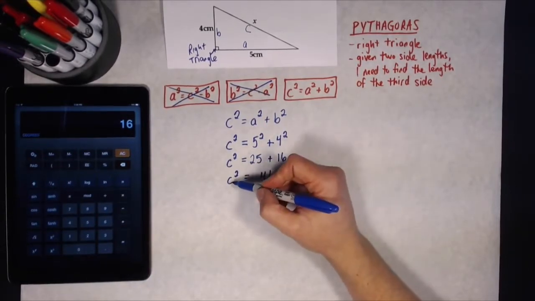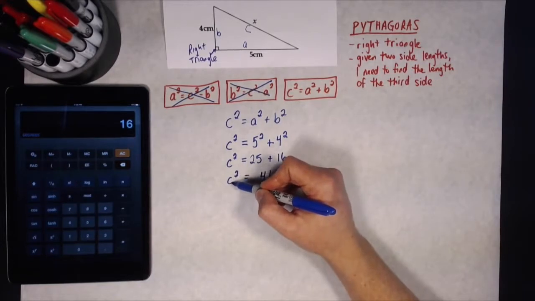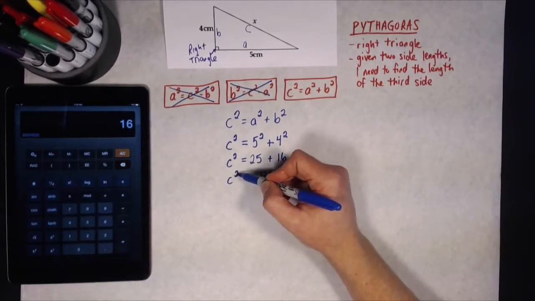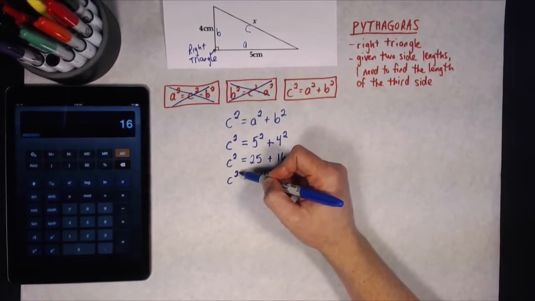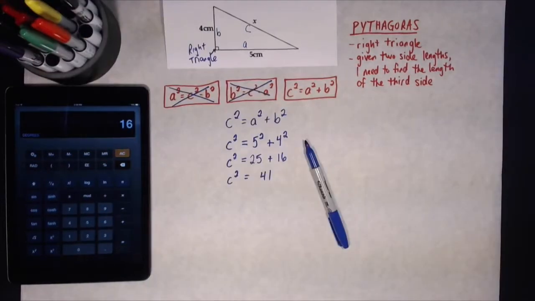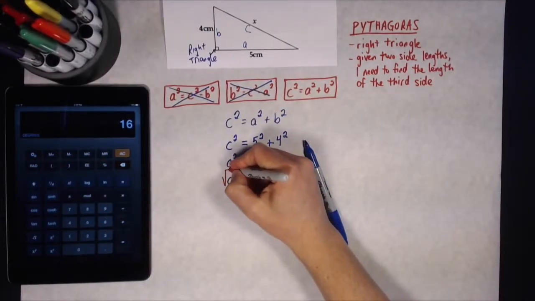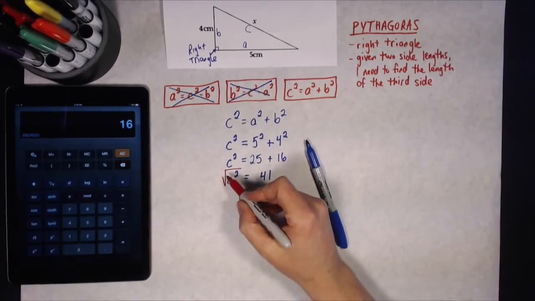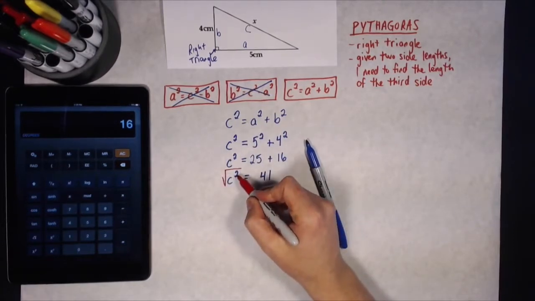And notice here I don't have c isolated yet, which means I don't have an answer for c. What I have is c squared equals 41. I have to get rid of this squared. And to get rid of squared, I have to do the square root. Whatever I do on one side, I do on the other. So here, I take the square root of c squared, which will leave c by itself. The square root and the squared cancel out.